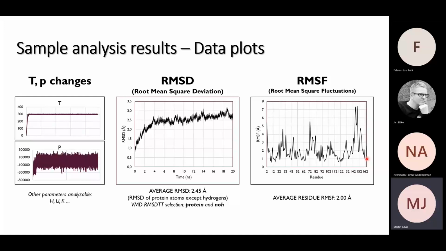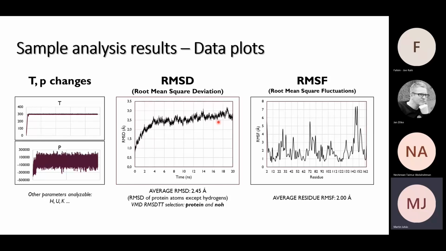For the data plots, these are real data that we got from one of our simulations. We usually take into account the RMSD value, so how big it is, and then we take into account if it changes, if it moves, if it diminishes.